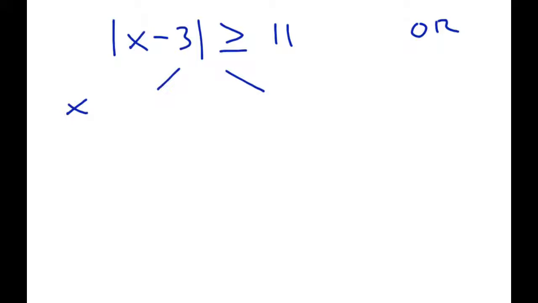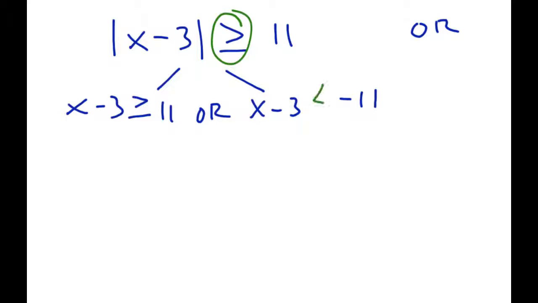So x minus 3 greater than or equal to 11, or x minus 3. Remember, we're now going to make this negative 11, and since we're making it negative 11, it's the same thing as dividing 11 by negative 1 or multiplying it by negative 1. I've got to change my symbol to less than or equal to.